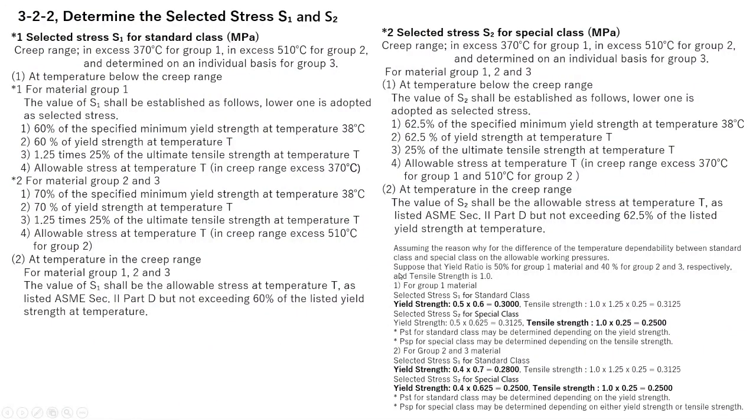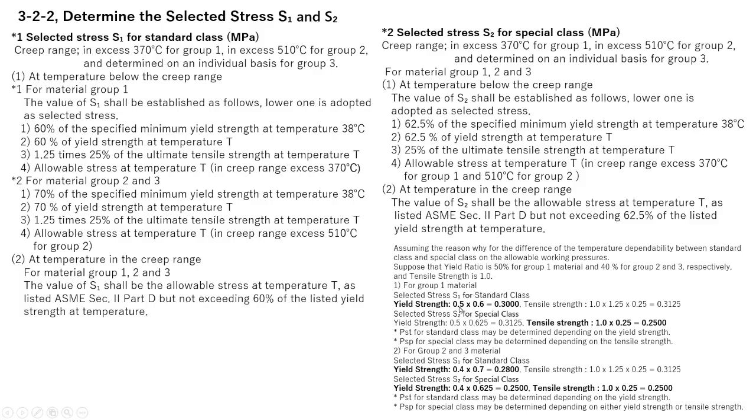So suppose that the yield ratio is 50% for group 1 material and 40% for groups 2 and 3 respectively, and tensile strength is 1.0. For group 1 material, selected stress S1 for the standard class: yield strength is assumed to be 50% for group 1 material, and the standard class indicates 60% of the yield strength at temperature.